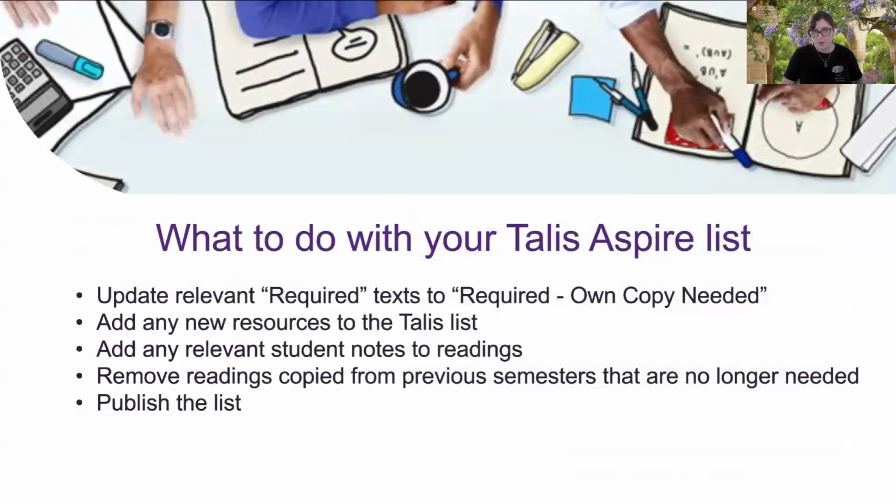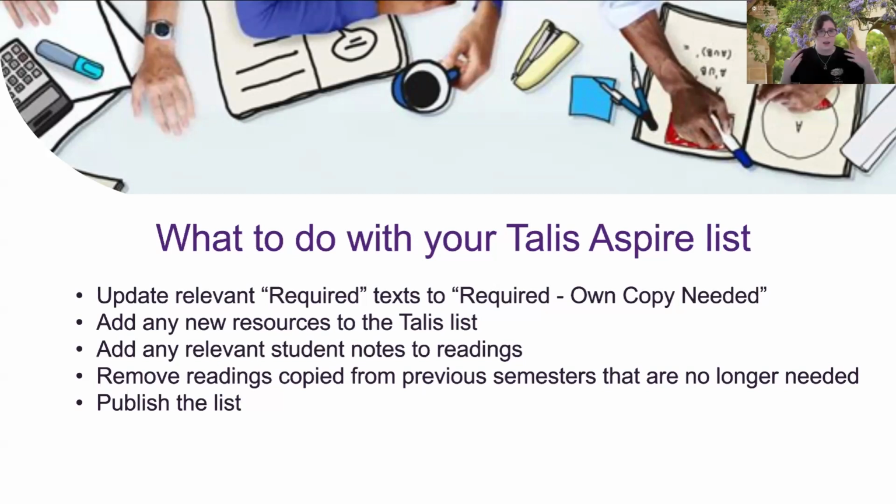As staff members, what do you do to prepare your course readings in Talus Aspire? Especially if this is your first time using the new system, when you go into your reading list, we want you to do the following things, and that's what we're going to demonstrate today in our guided session. When you go into Talus Aspire, you should update relevant required texts to "required, own copy needed", which is a new reading importance we'll talk more about later.